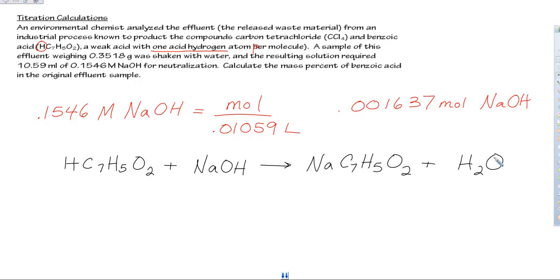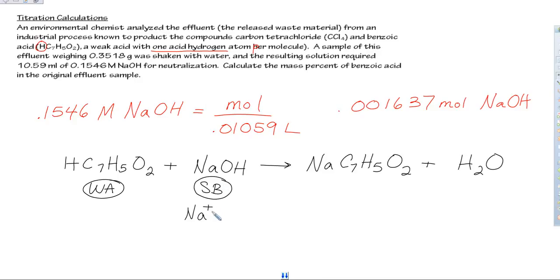Now, tricky, they don't ask for this, but they do tell me that this is a weak acid. Sodium hydroxide is a strong base. So if for some reason I was asked to put this as a net ionic equation, I do not get to extensively ionize this weak acid. That's going to stay.